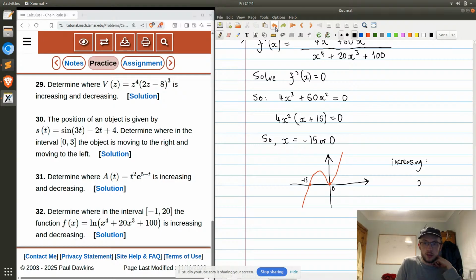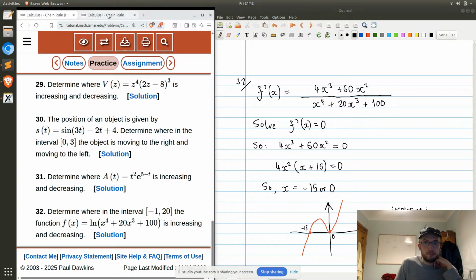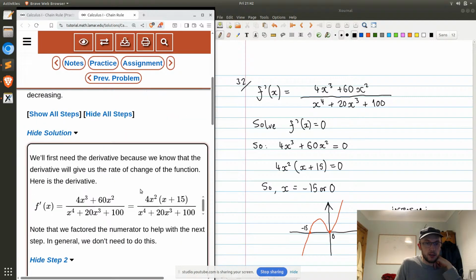No. I think it's increasing for this and decreasing for this. But we'll see if that's right. And it's at the very end here, so I can only hope. Hope he doesn't build in a trick of some kind.